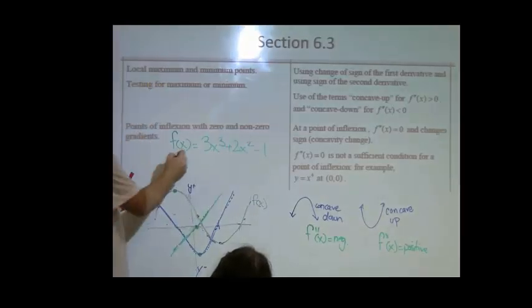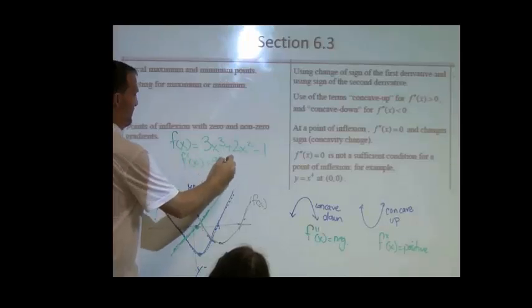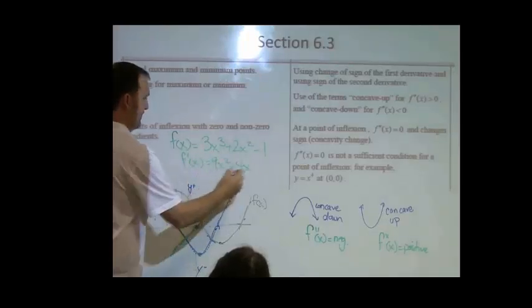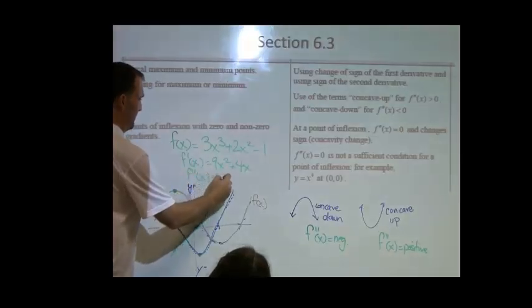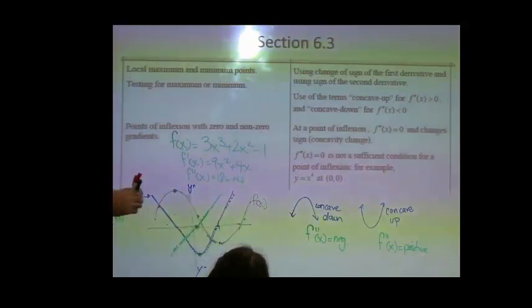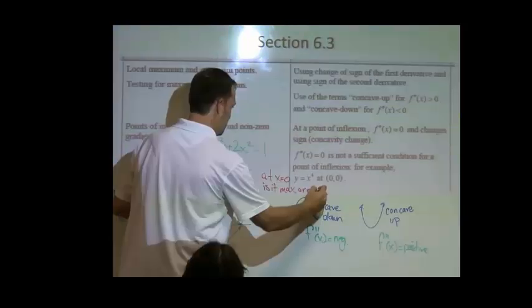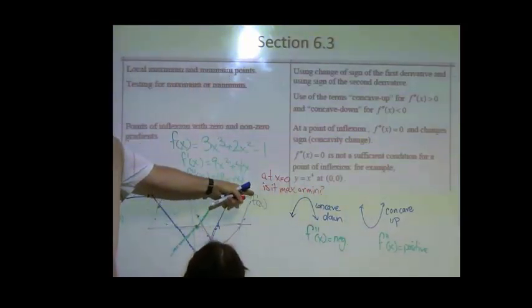If I gave you that, and here's your first derivative, here's your second derivative, and I said to you, at x equals 0, is that a maximum value or a minimum value?